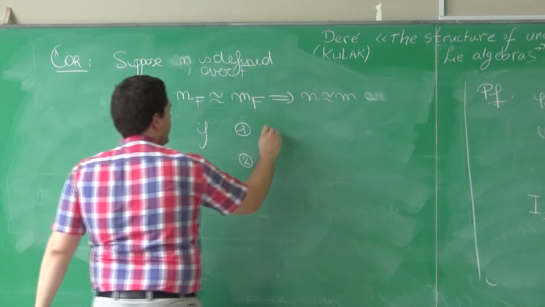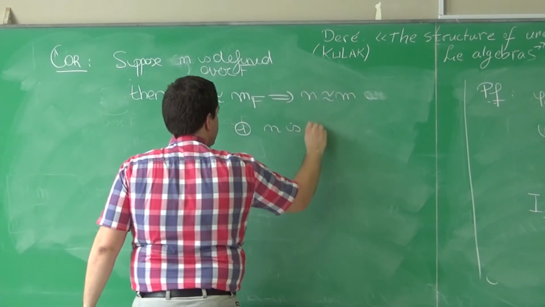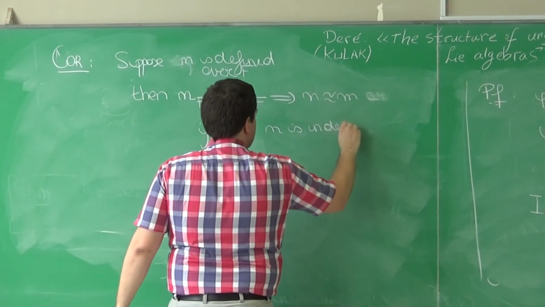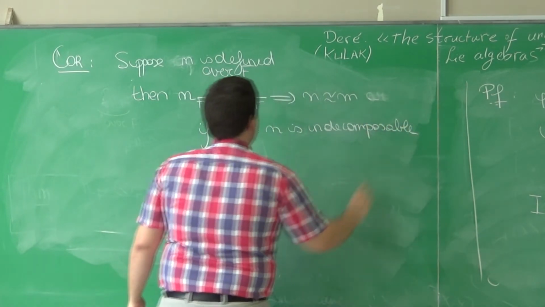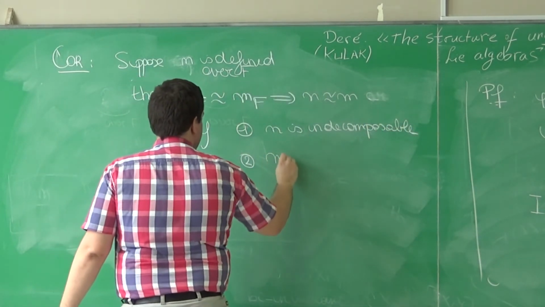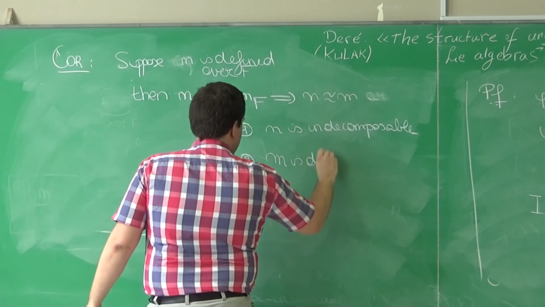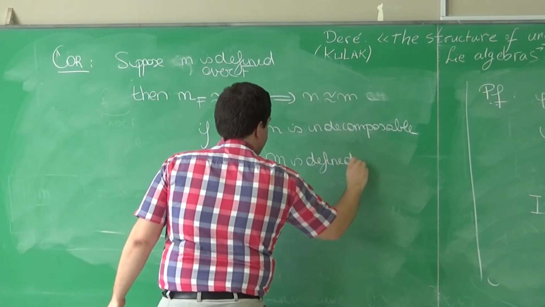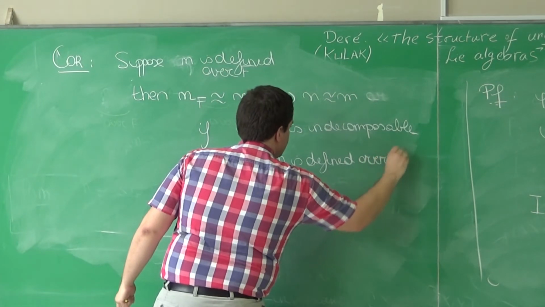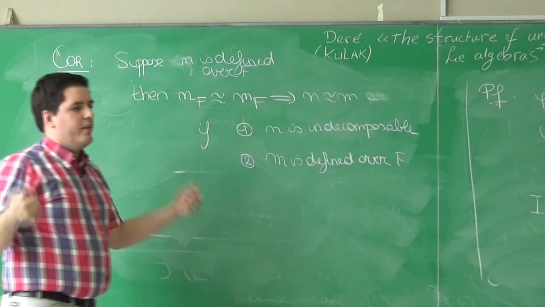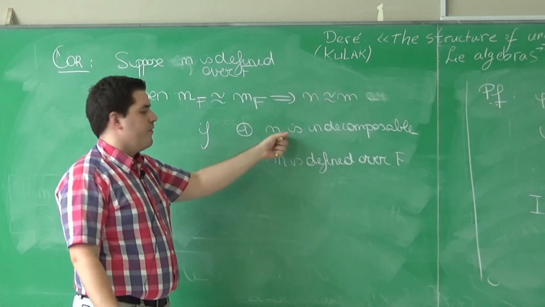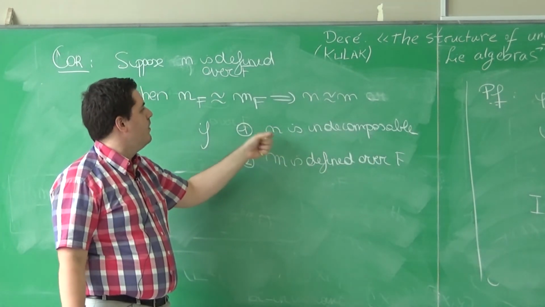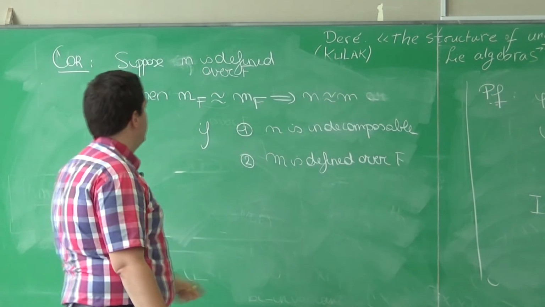Either you have that N is indecomposable, or the second option is that M is defined over F. So if both of your Lie algebras are defined over the same field F, it's okay. Or if the first one is indecomposable, then you really get this.